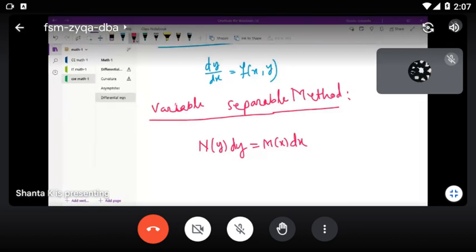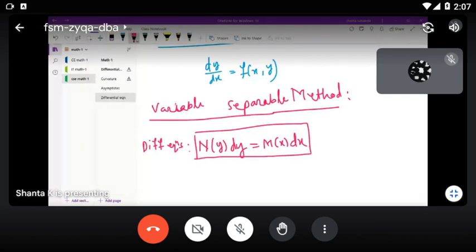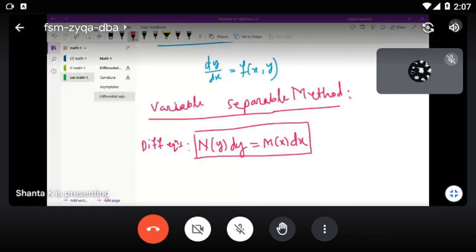Here the differential equations are of this form. On one side we have the y variable, and on the other side we have the x variable. Sometimes you are able to reduce an equation to the variable separable form by taking the corresponding variables to their sides.